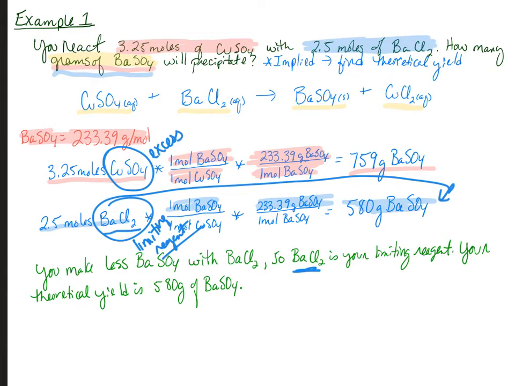And the theoretical yield is the smallest one. So that's our theoretical yield. In this case, we're not given an actual yield, so we don't have to worry about anything else because there's no other problem that is being asked of you. But let's try another one where it does actually ask you for the percent yield.